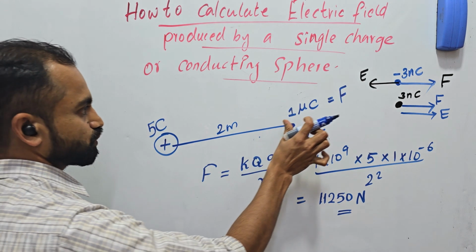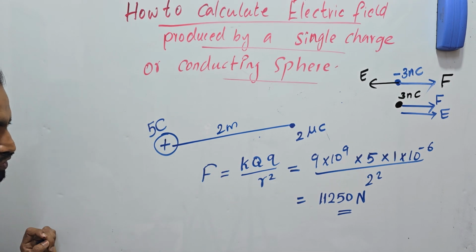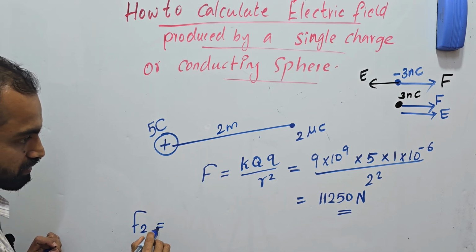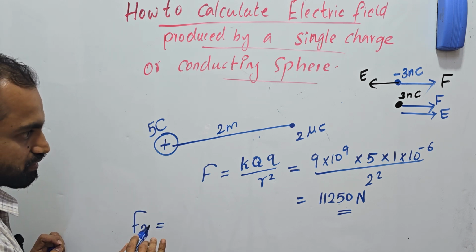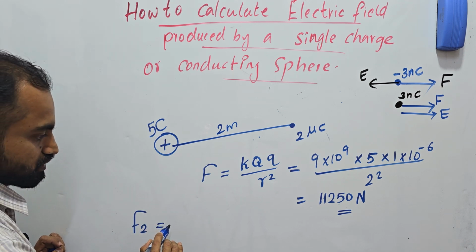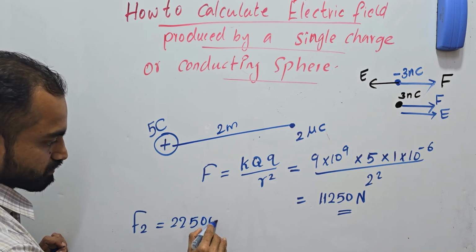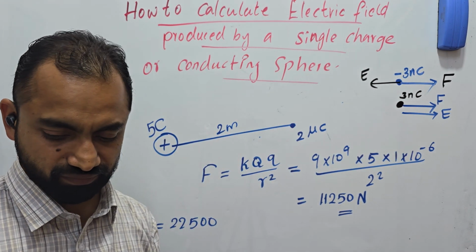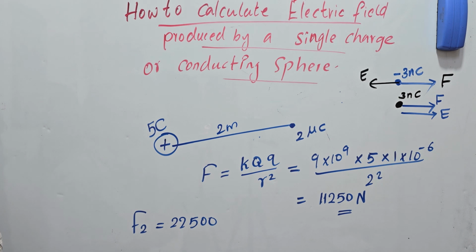Then instead of this 1 coulomb charge, we will keep a 2 coulomb charge here. How much will be the force acting on the 2 coulomb charge? It will be greater, right? Very good. It will be 22,500. Correct. When you double one of the charges, the force will double, right? Perfect.